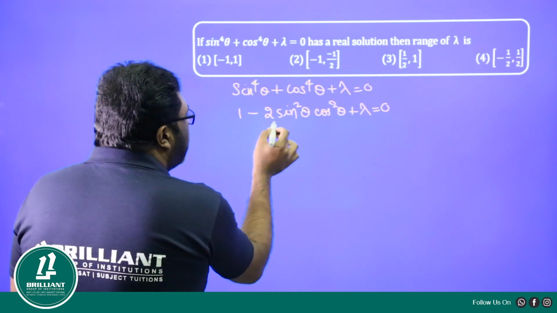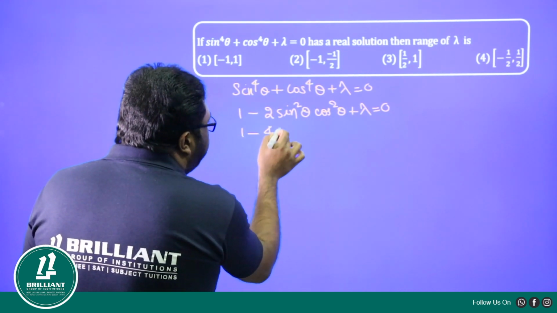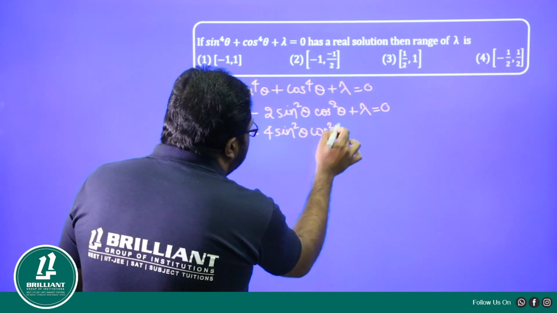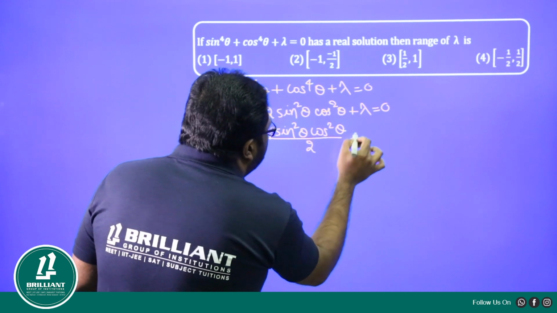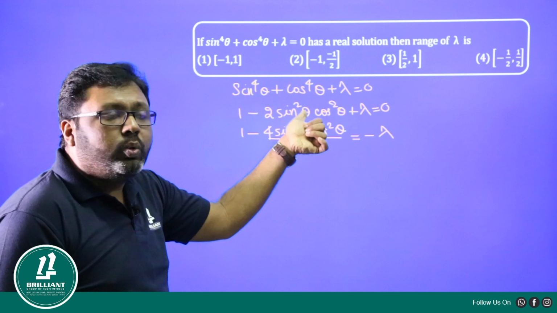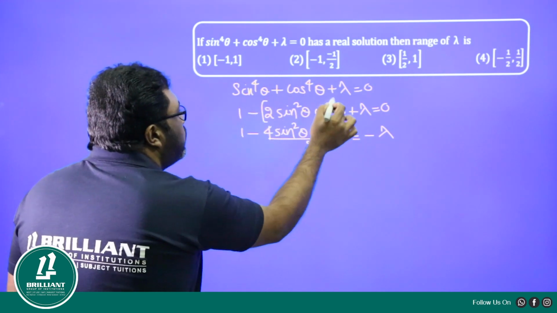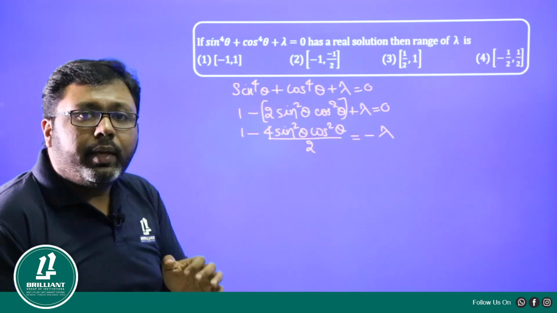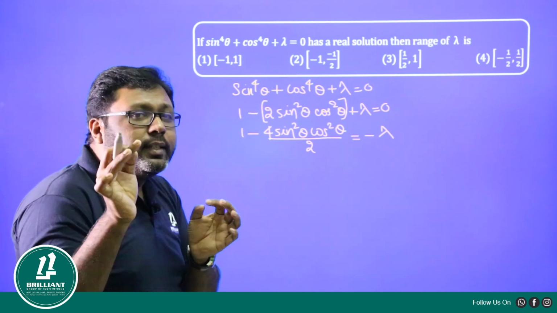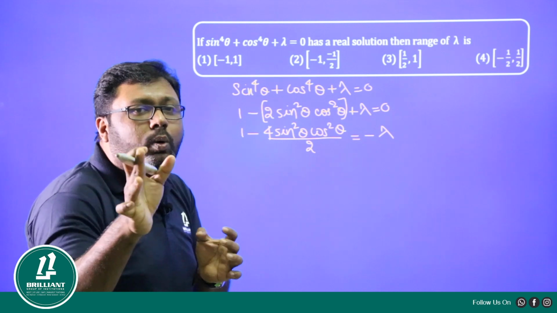Okay, now this is like 1 minus 4 sine squared theta cos squared theta divided by 2 equals minus lambda. I have multiplied and divided by 2 in this expression, so that now this looks like sine 2 theta the whole square.